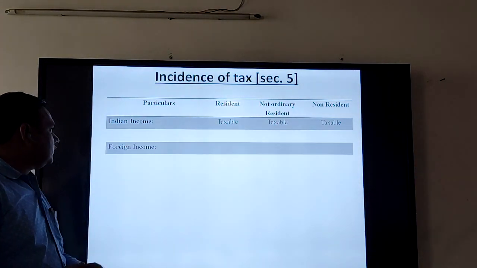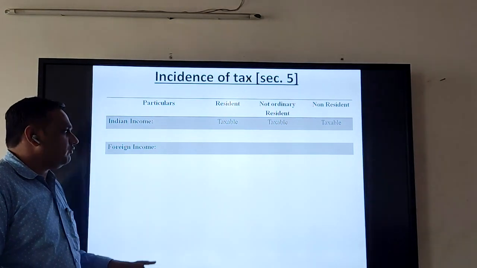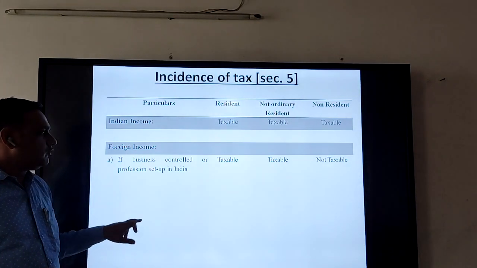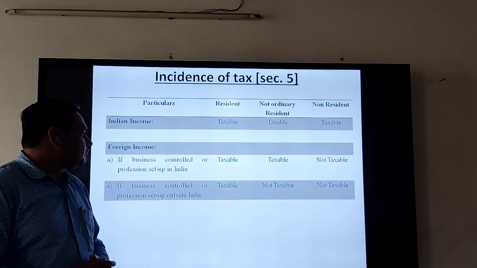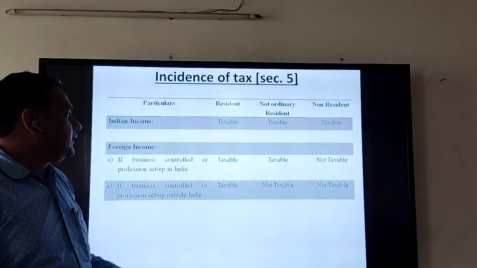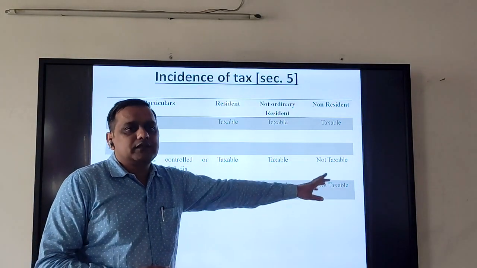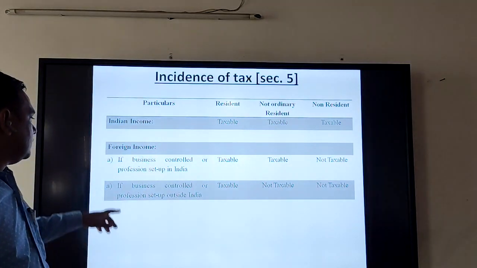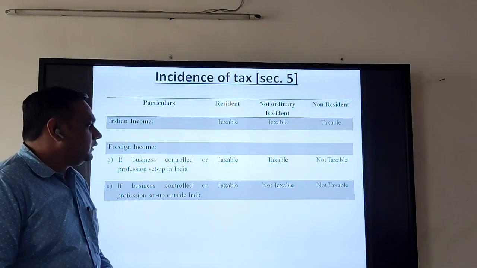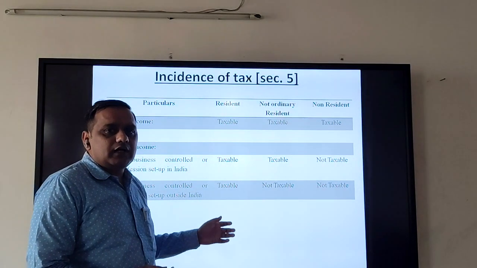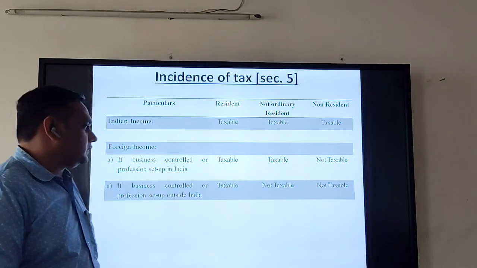Whereas foreign income has something to do with the residential status of individuals. Foreign income can be divided into different parts. The first part is if the business or profession is controlled from India, then it is taxable for residents, taxable for not ordinary residents, but not taxable for non-residents. The second part is if the business or profession is controlled from outside India, then it is taxable only for residents, whereas for not ordinary residents and non-residents it is not taxable.